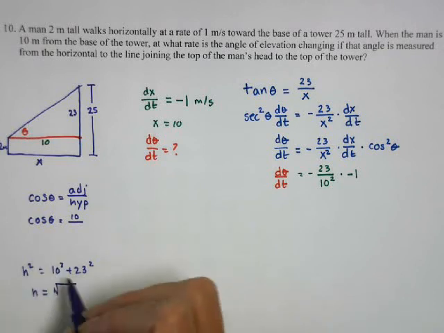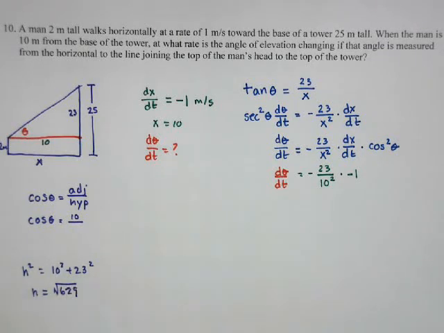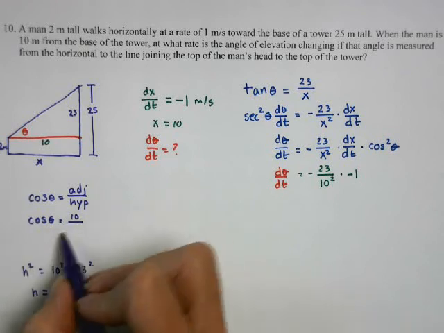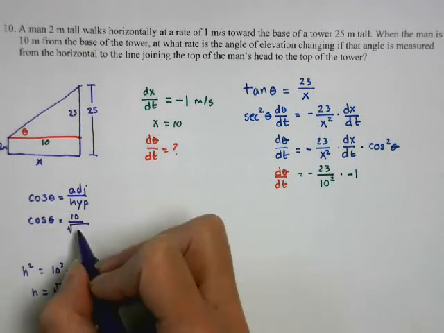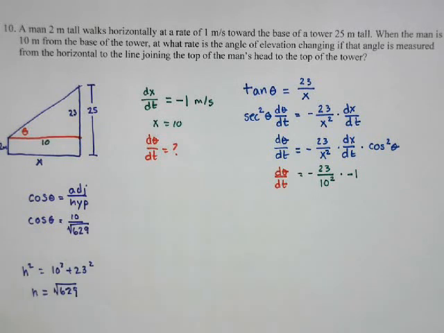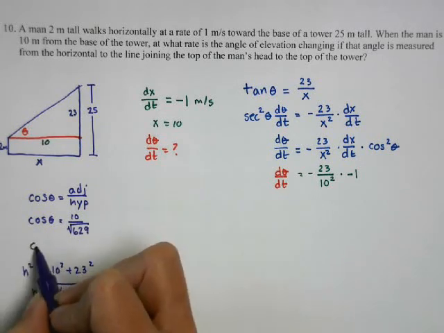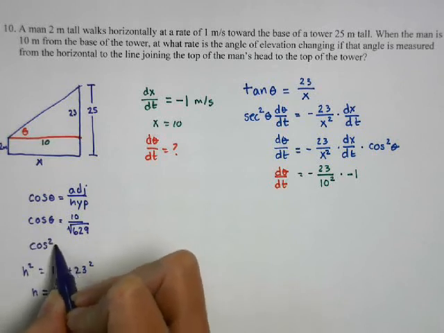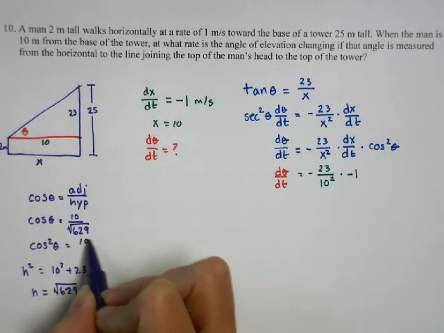So cosine theta is going to be 10 over the square root of 629, which means cosine squared is going to be 100 over 629. So that's my last piece over here.